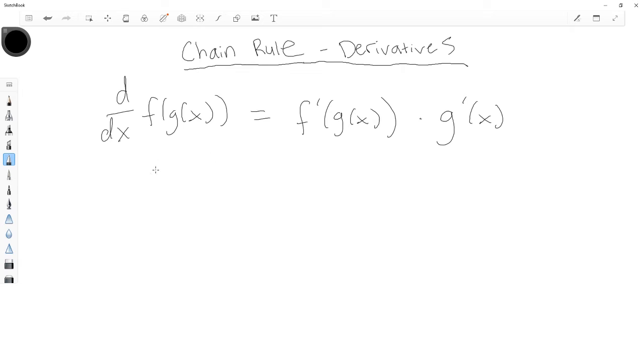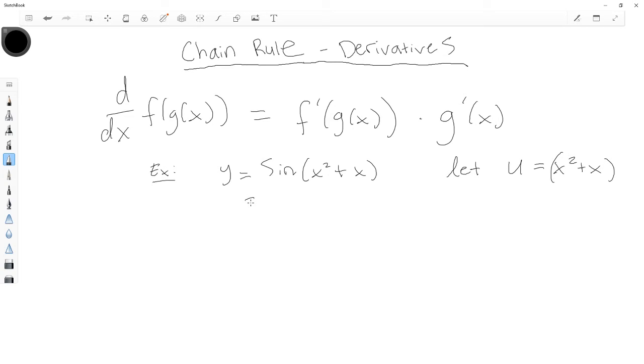And so in an example, say we have sine of x squared plus x. We can let u, a variable, equal the inside, which is x squared plus x.